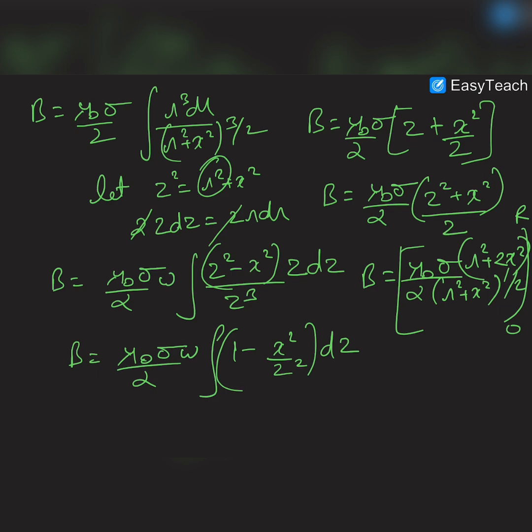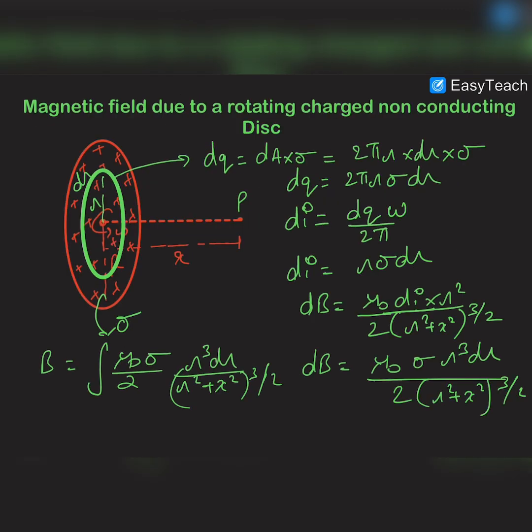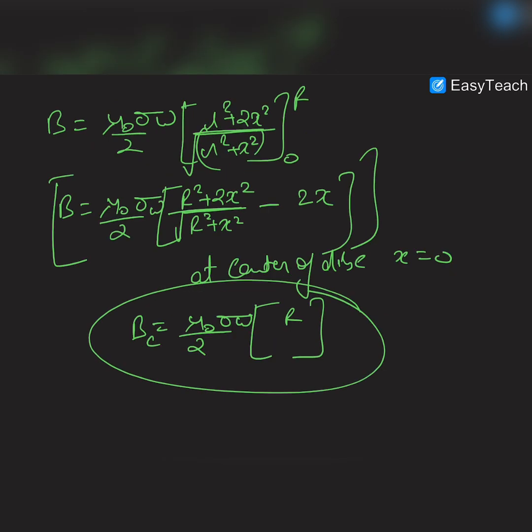So there will be an omega also. Okay, so this is omega. I am writing it down. This will be the omega. So this will be the final expression along with omega.